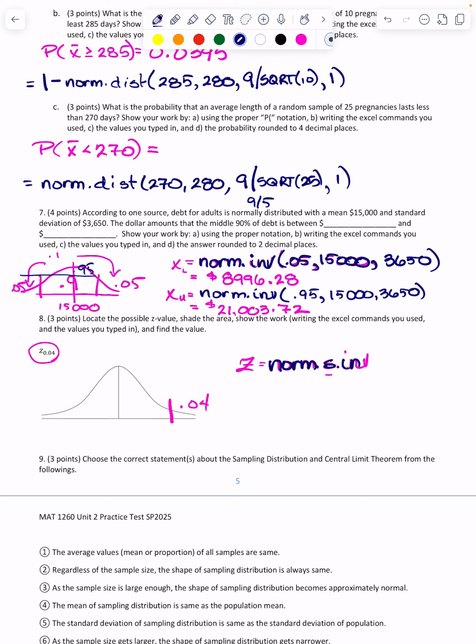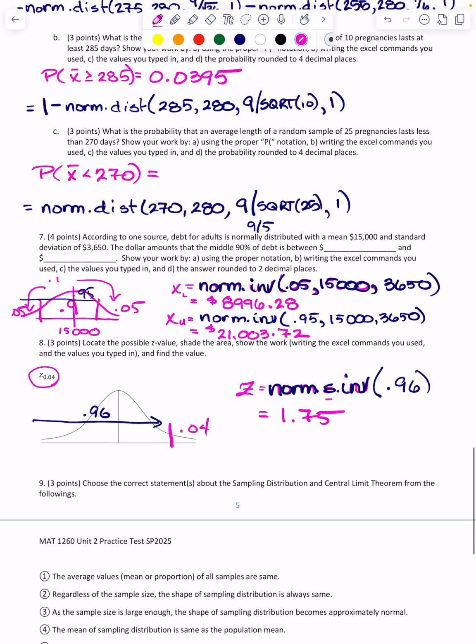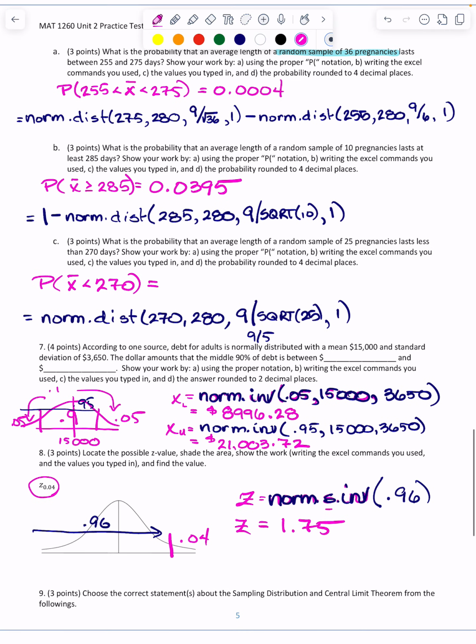You notice when we do this, the only thing that it asks for is the probability, right? And if we're cutting off the top 4%, that means we got 96% down here. That gives us 1.75. A z-score of 1.75 cuts off the bottom 96% of the data, so the top 4%.